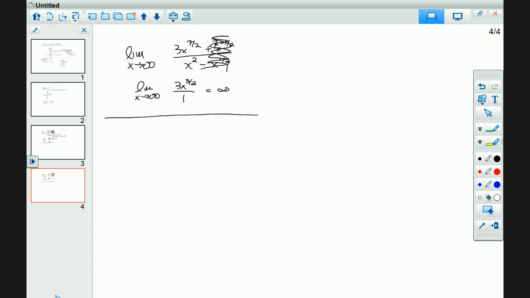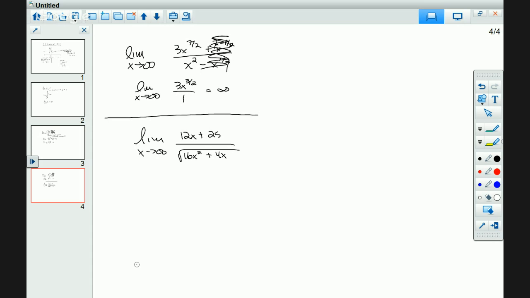Okay, what about this one? Same concept. I'm just going to show you how to deal with the square root.